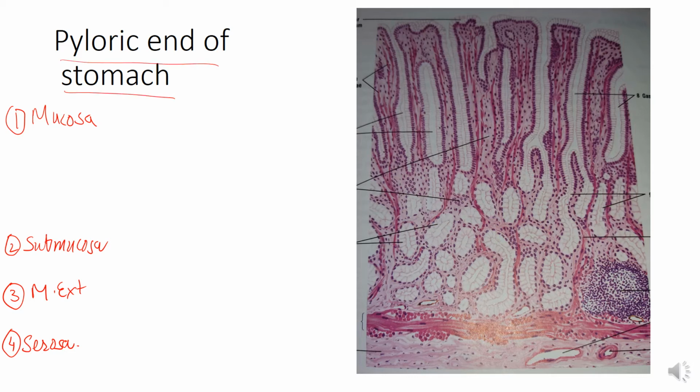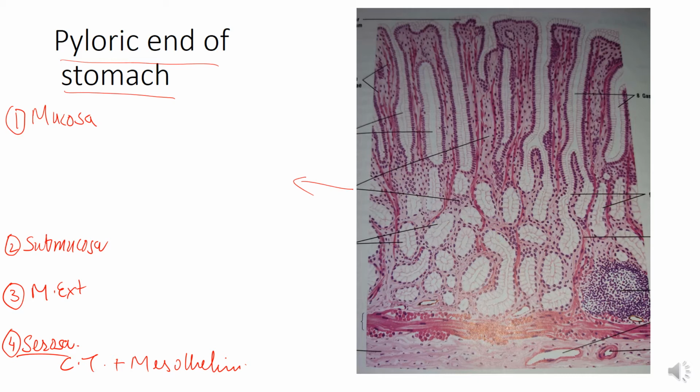So you can see the difference in the mucosa of the pyloric end. Now starting from the outer layer again, serosa is very simple. It consists of connective tissue plus mesothelium, same as that of the body and fundus.